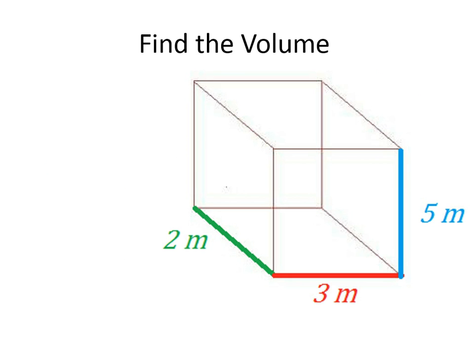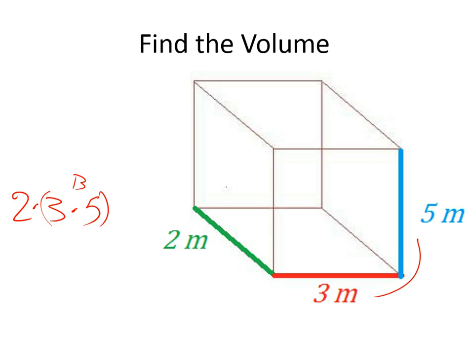So if you have a rectangular prism here with side lengths of 2, 3, and 5 meters, and you're asked, okay, what is the volume of it? All you're going to do is go 2 times 3 times 5. 3 times 5 is the area of the base.